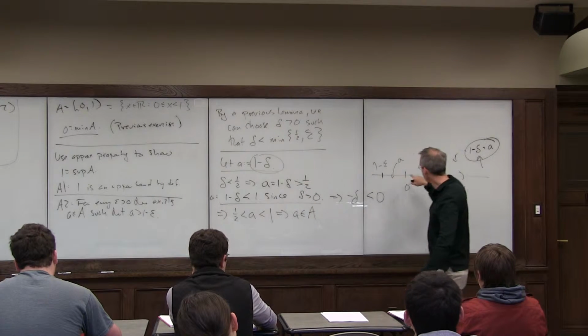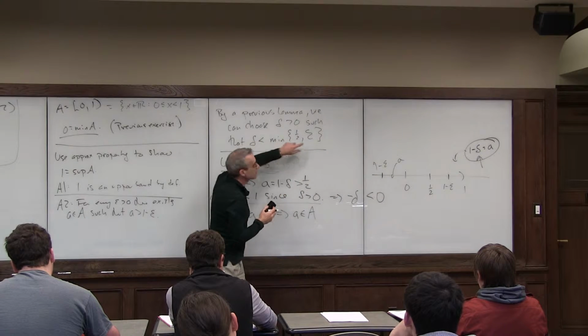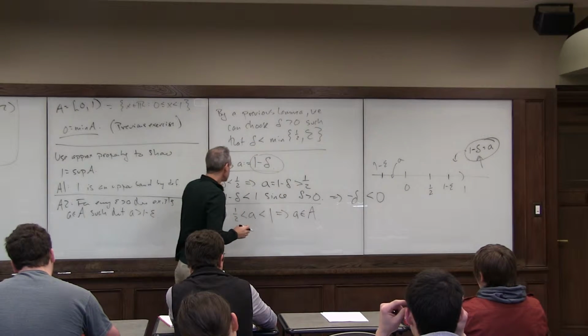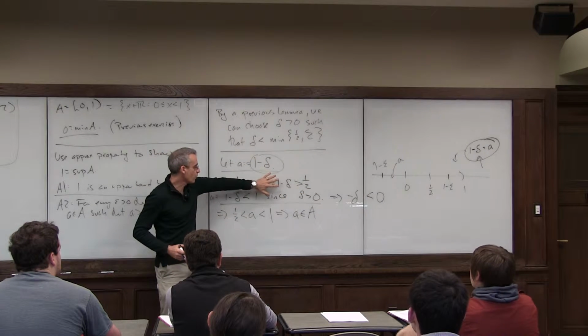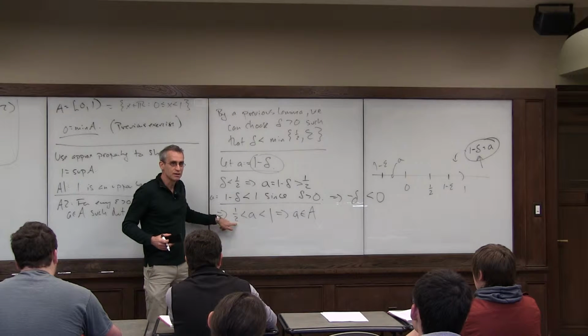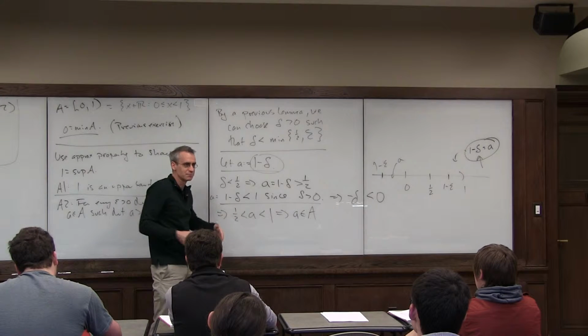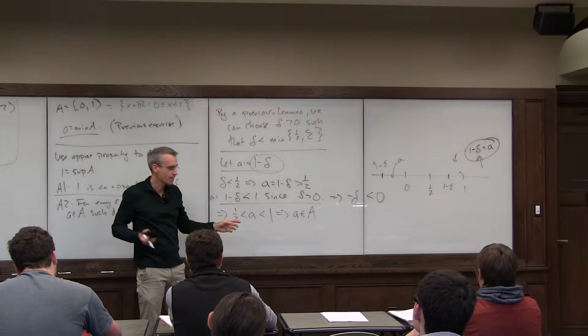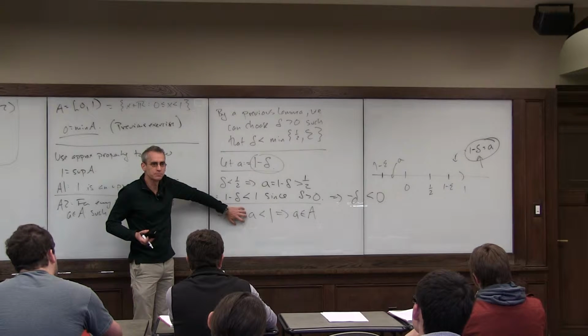Now, the reason why we had to do this is, if we just took delta less than epsilon, this goes away. And if this goes away, you don't have this. And if you don't have this, you don't know that A, you could have something small. There are other things you could pick. I just picked a half because it's a nice number, right? But if you take this away, how do you show that A is in big A?